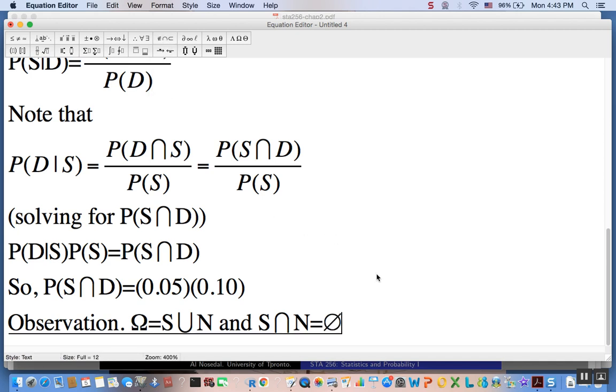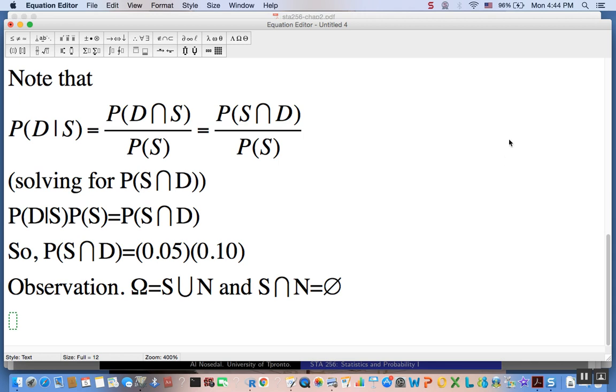So we have two events, S and N, that together their union equals the entire sample space, and on the other hand their intersection equals the empty set. You remember that we have a special name for that sort of events? We call them decompositions or partitions. So S and N form a partition for the sample space. Interesting, right? Okay.